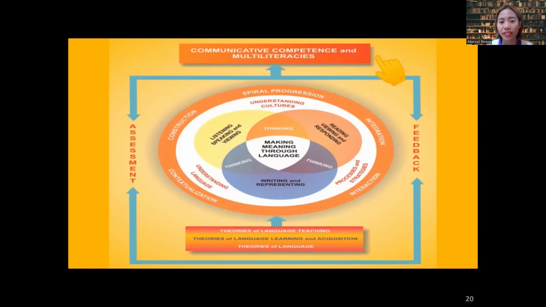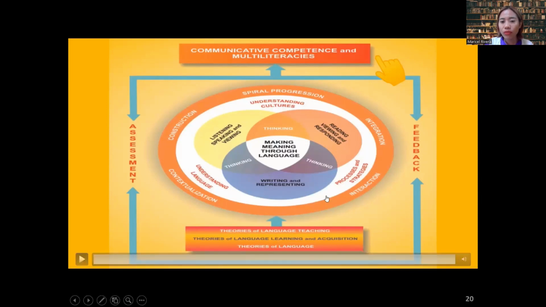And they are actually overlapping with thinking, because when you do all these things, you basically need your mind, you need to think. And the very core of all these is, of course, that students are able to make meaning through language. And the outer one, what's going to happen if we have this? So the outer line, of course, teachers should do assessment and give feedback.